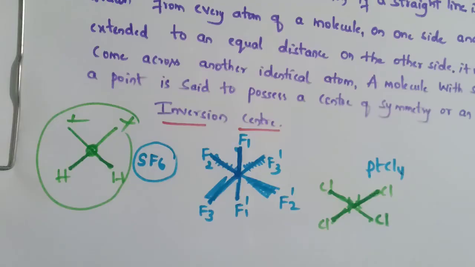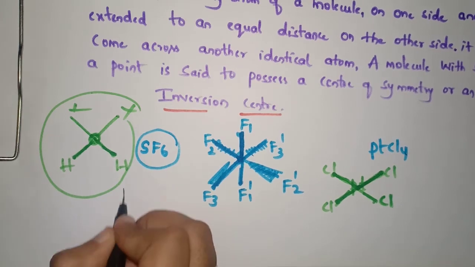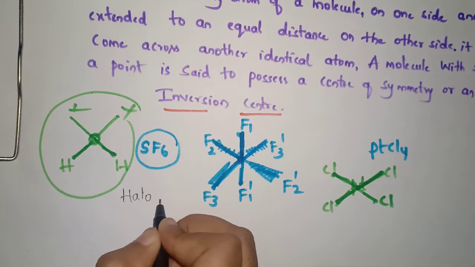The important point you should keep in mind is that the inversion center does not lie on an atom. It is just a point in a molecule. To differentiate this, I will show you one example. Let's consider haloethane.